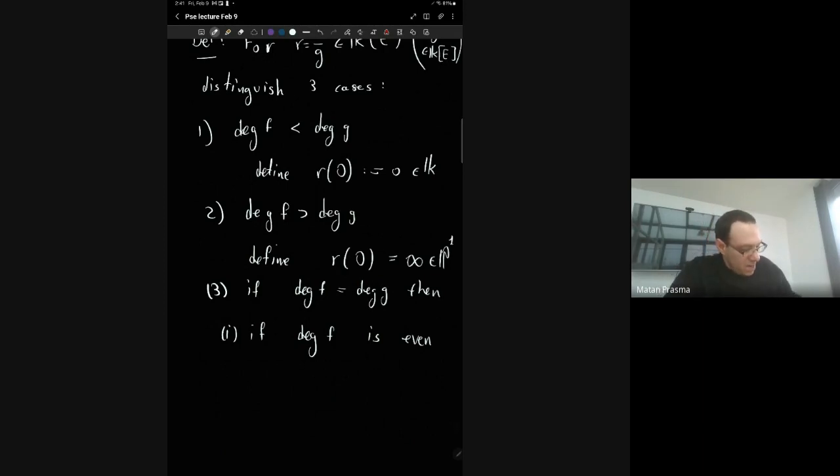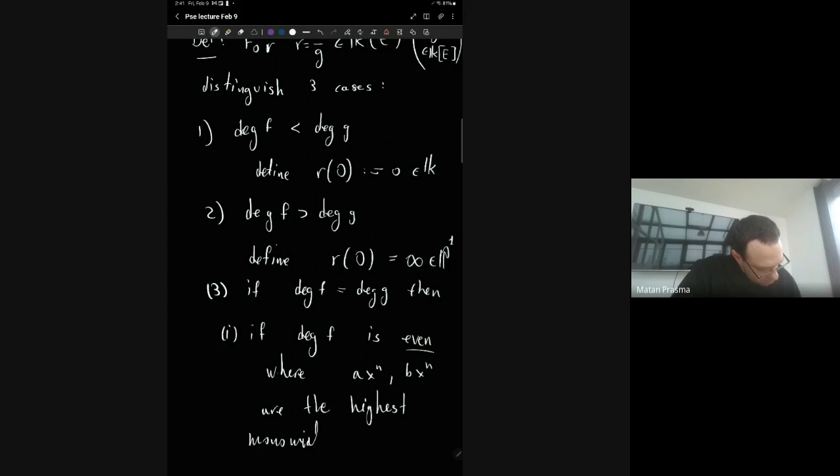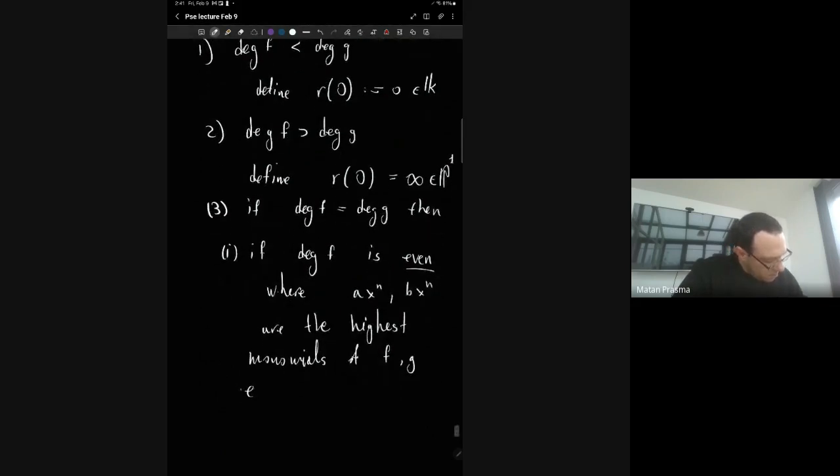So then the highest monomial of f and the highest monomial of g are of this form. Then I know what I need to do.